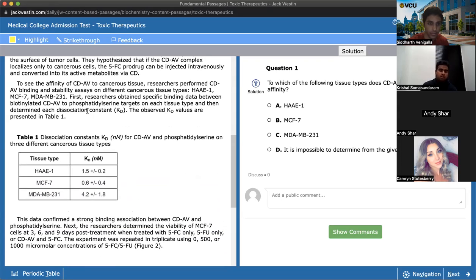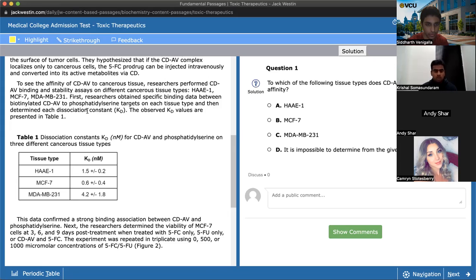To see the affinity of CDAV to cancerous tissue, researchers perform CDAV binding and stability assays on different cancerous tissue types: HAAE1, MCF7, MGA-MB231.